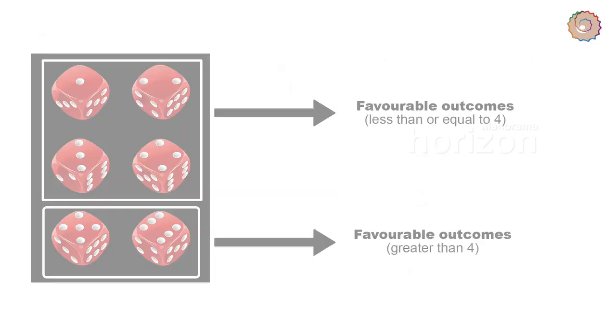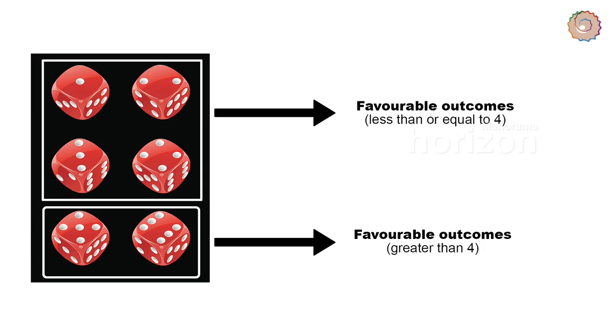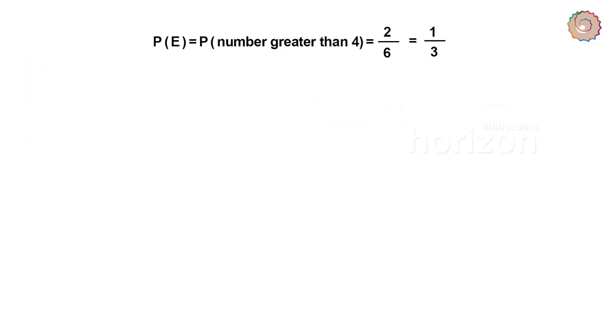Now, let us consider another example. Suppose we throw a die once. What is the probability of getting a number greater than 4, and what is the probability of getting a number less than or equal to 4? Here, let E be the event of getting a number greater than 4.